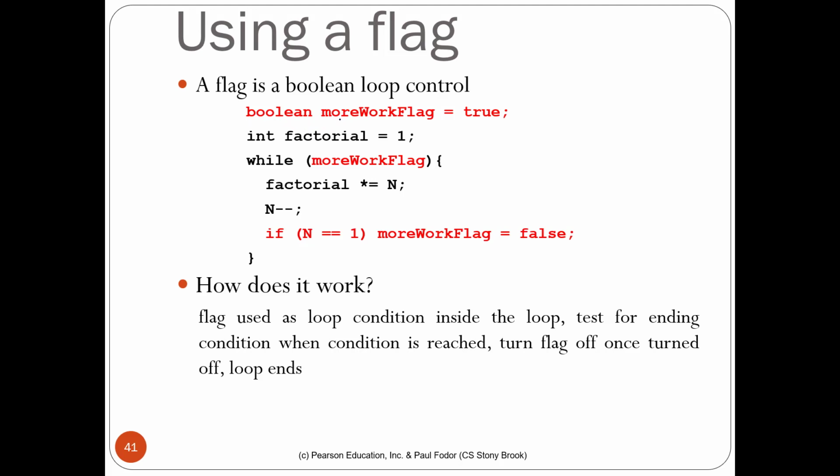You declare moreWork flag as boolean and you mark that as true. How do we make use of it? We are writing a program for factorial. You say int factorial is equal to 1, just the way we had done, and then you write a while loop conditioned on your flag, moreWork.